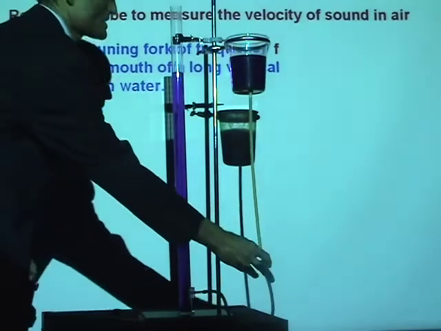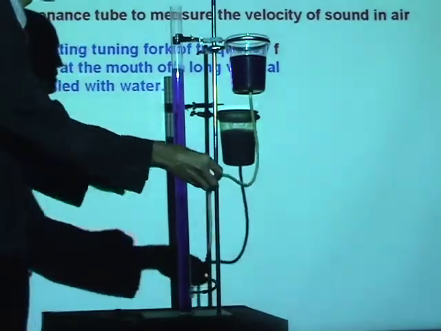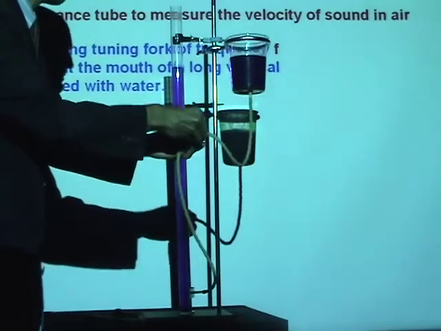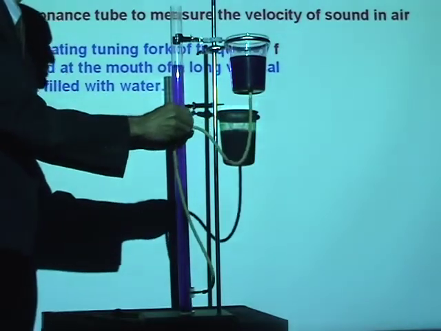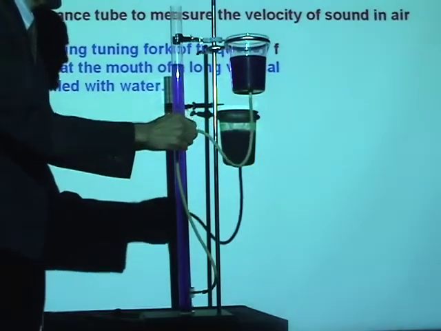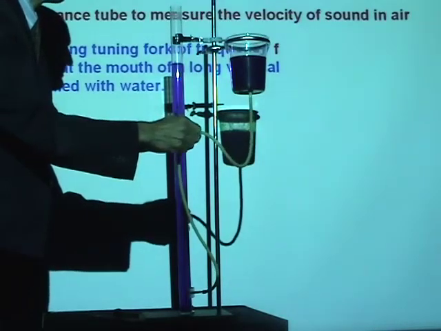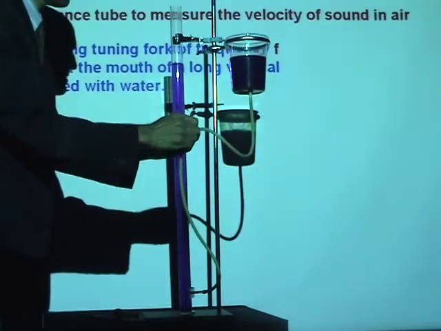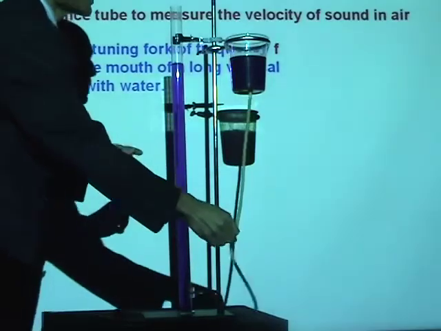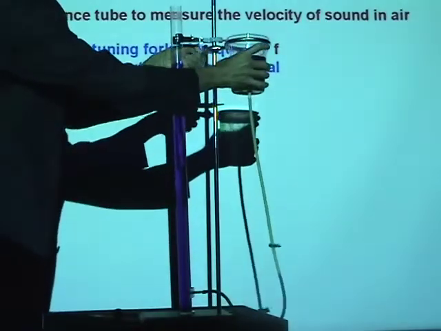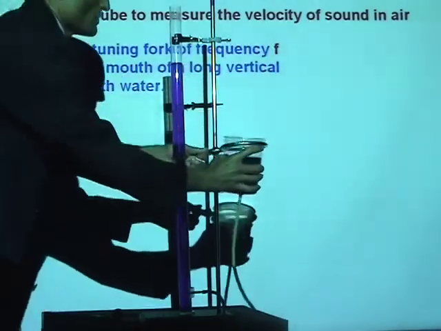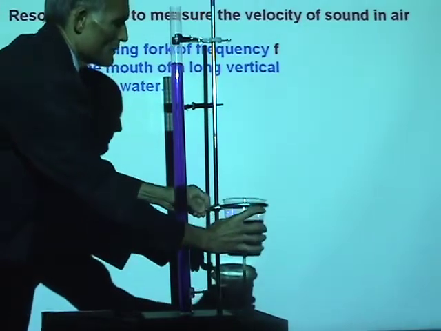Well, at that time, what I'm going to do is, I'm going to clip this rubber tube so that I can hold that level in the tube. Okay? And I'm going to lower the reservoir. Why am I doing that?